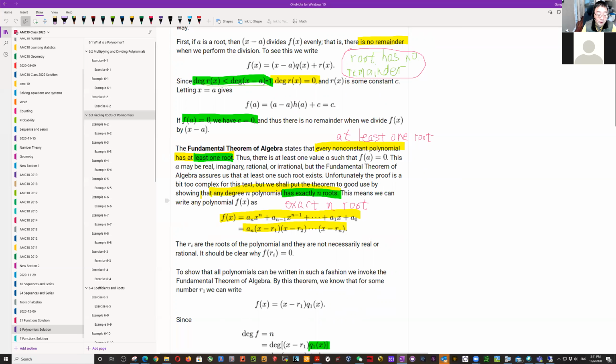But after it has a root, you can completely divide into it, so it can reduce 1 degree. Then the remaining one could keep applying the fundamental theorem.